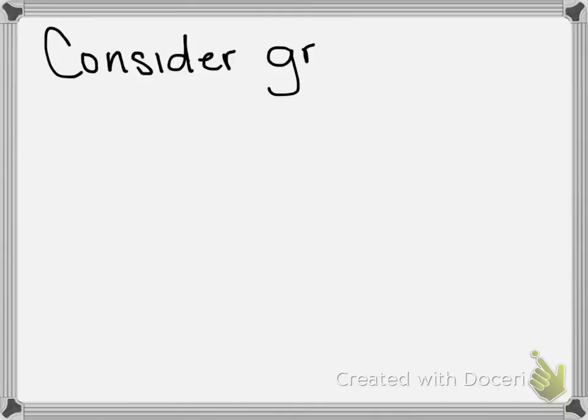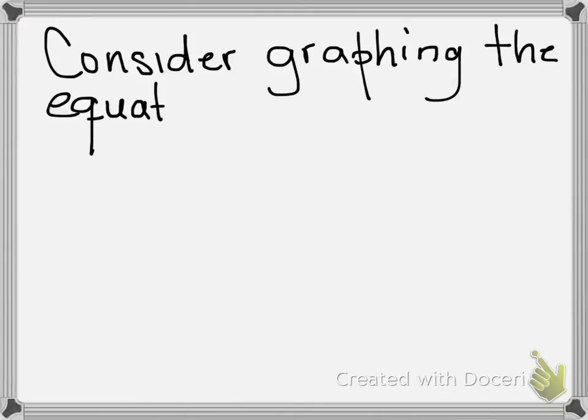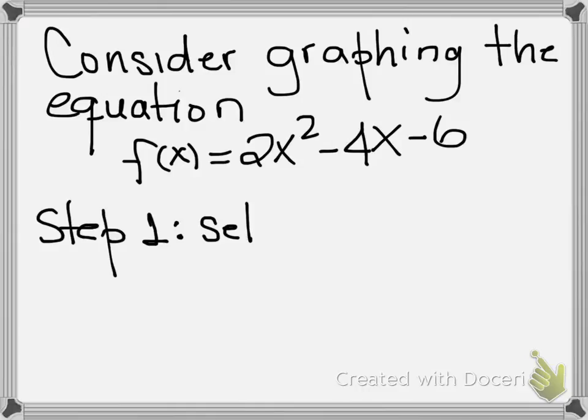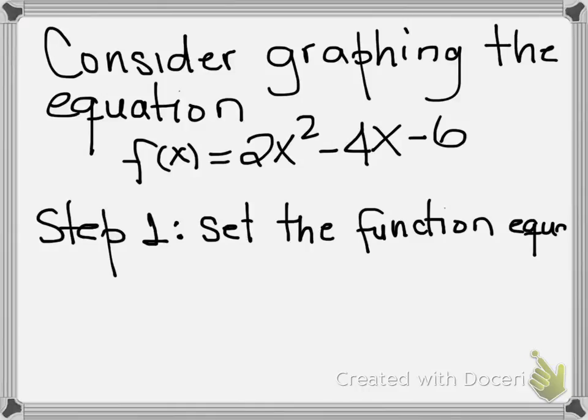Now, ladies and gentlemen, let us consider graphing the given equation, f of x equals 2x squared minus 4x minus 6. To graph, the first thing we need to do is to set the function equal to 0.